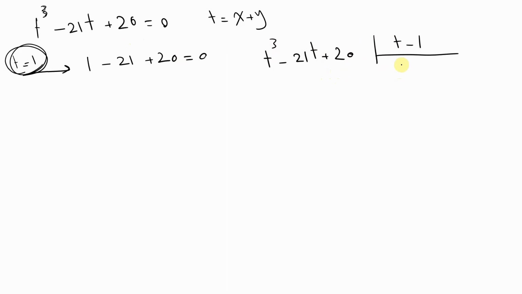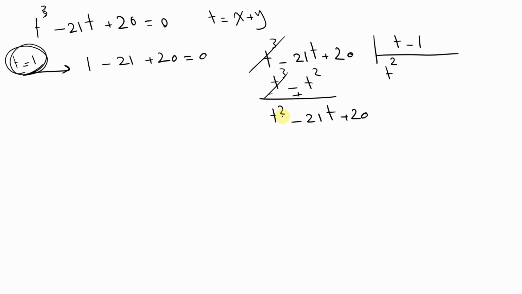I'm going to multiply this t by t squared, which is t cubed minus t squared, and then change the sign to plus minus. These are eliminated. Now we have t squared minus 21t plus 20.